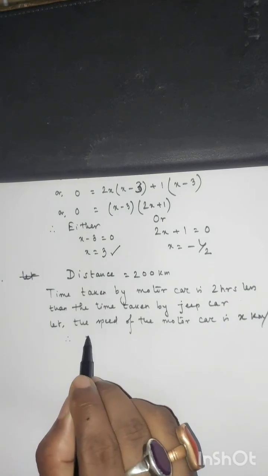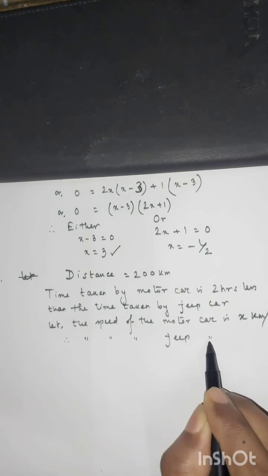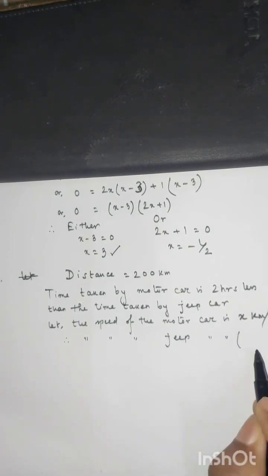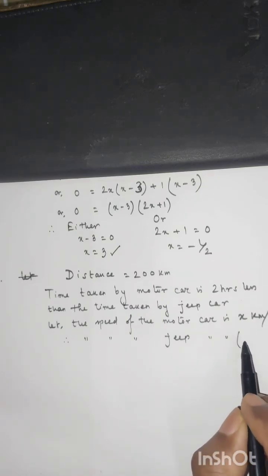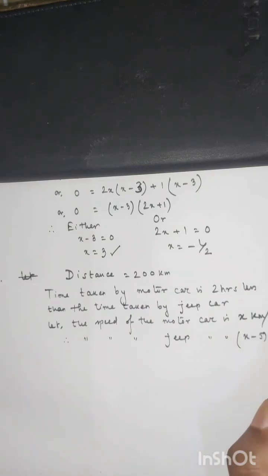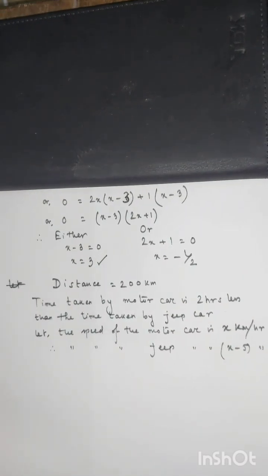Therefore, the speed of the jeep car is x minus 5 km per hour, because we know it is given in our question that the difference between two speeds is 5 km per hour.